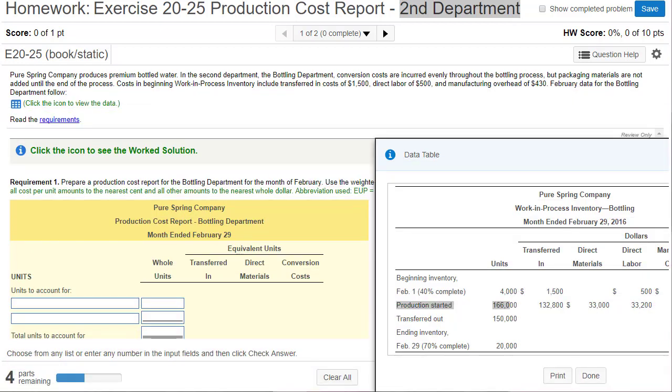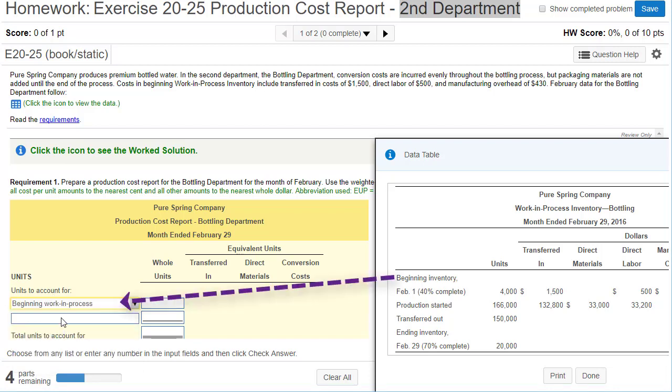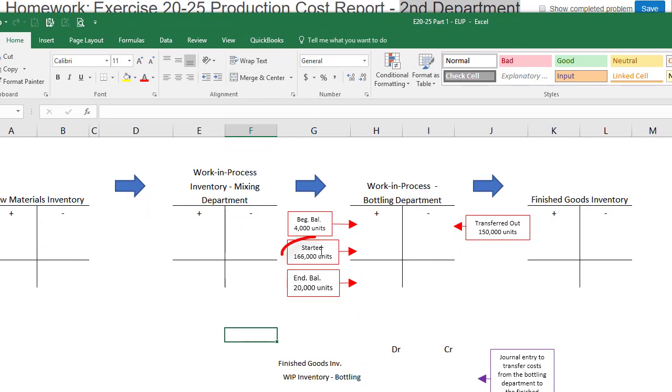So we can put in our labels. Units to account for are the beginning work in process units plus the transferred in units. Remember, these units that are started are actually just the units that have been completed in the mixing department and transferred in. The bottling department just doesn't start units on its own. It can only start units that are transferred in from the mixing department.